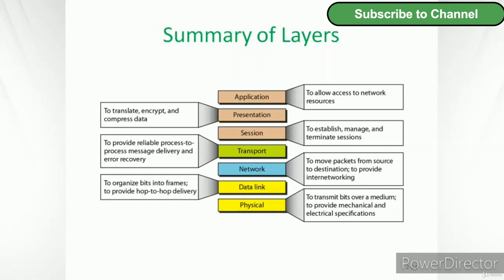An IP address is unique and universal, and it is used to connect the computers over the internet. Next one is the transport layer, to provide reliable process to process message delivery and error recovery. It is responsible for process to process delivery, and here we require the port address.